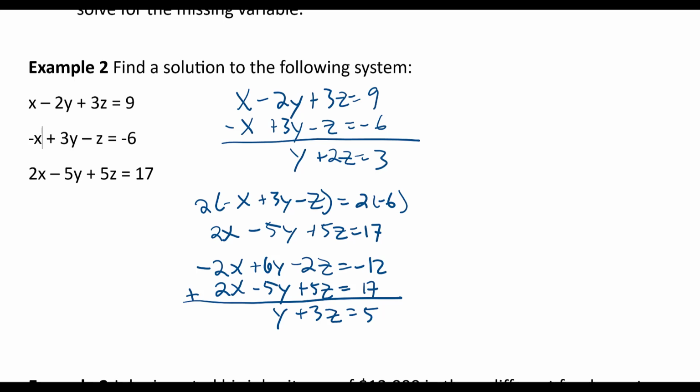So now I have y plus 2z is 3, y plus 3z is 5. So if I take y plus 3z is 5, and then do the negative of the one below, negative y minus 2z equals negative 3, I can add these straight down. The y goes away.